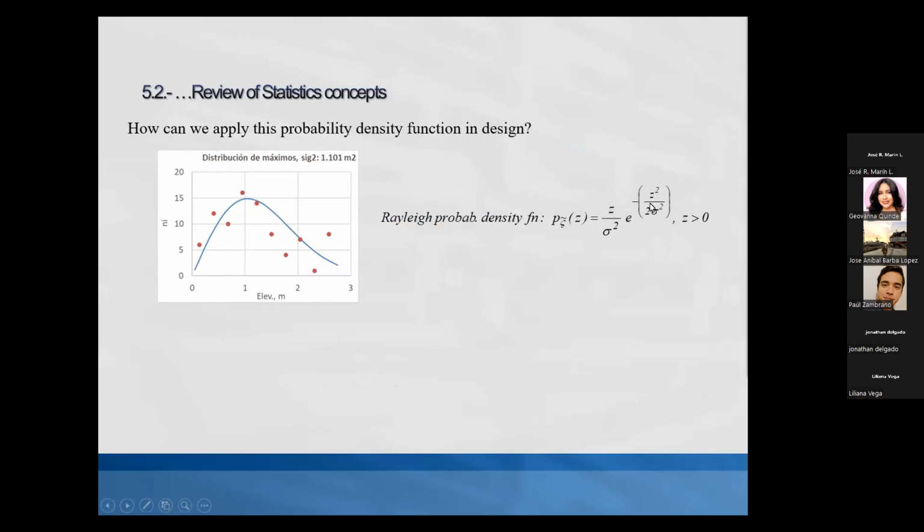With this sigma square, we can define this probability density function. Now, the question is, how can we use this information in order to generate a practical design?